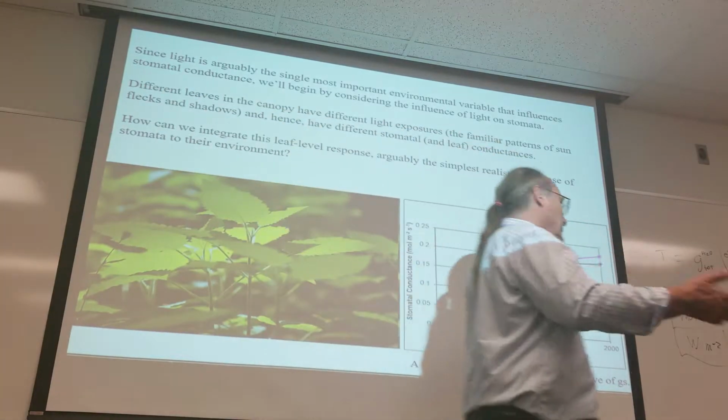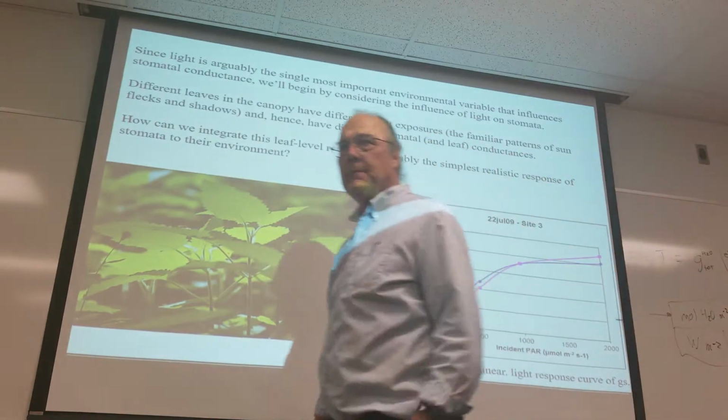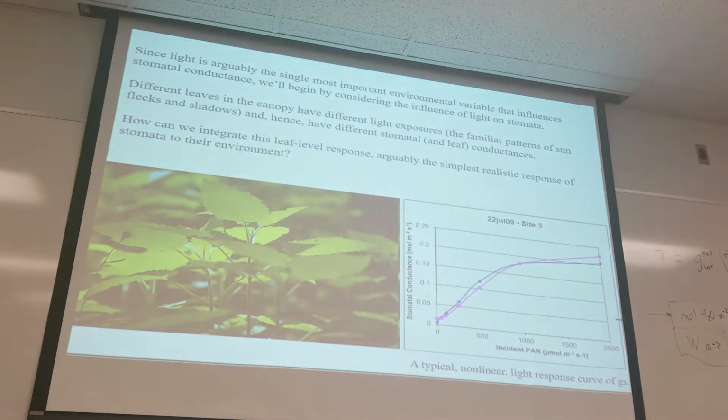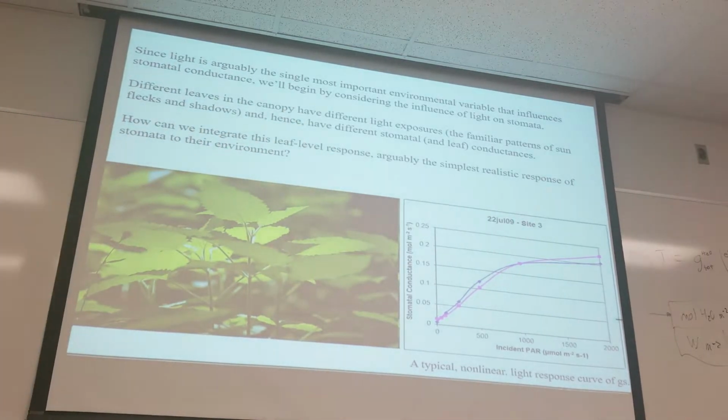So we can go from millimeters per day to moles per meter squared per day, moles per meter squared per second, watts per meter squared, any of these units. And they're all used for water use by different groups of people. So it behooves you, if you're interested in this, to be able to convert between these different ways of quantifying water use. All right, so let's get back to stomatal conductance.